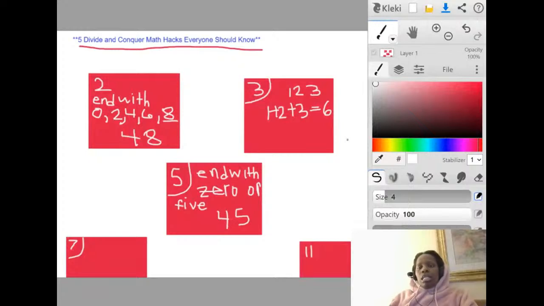For example, let's take the number 203. The last digit is 3. 3 times 2 is 6.